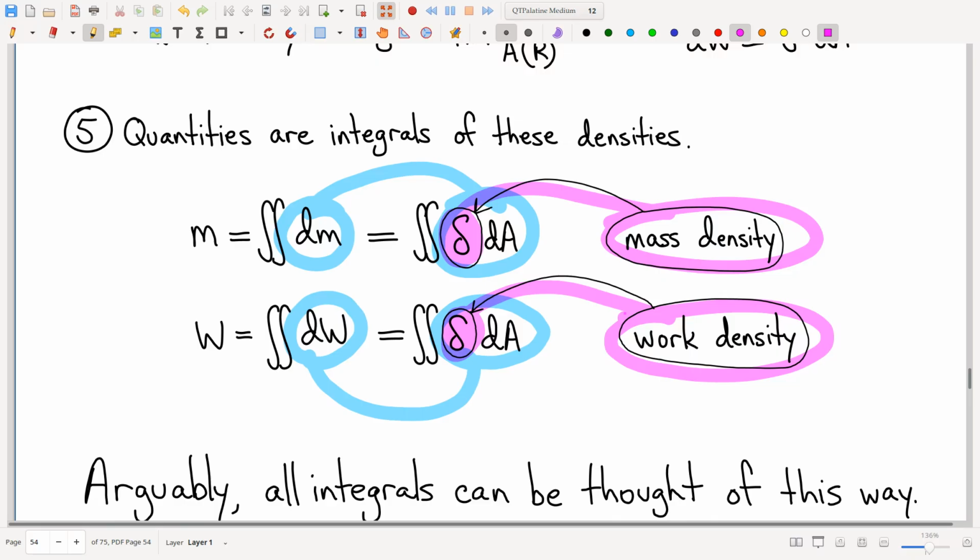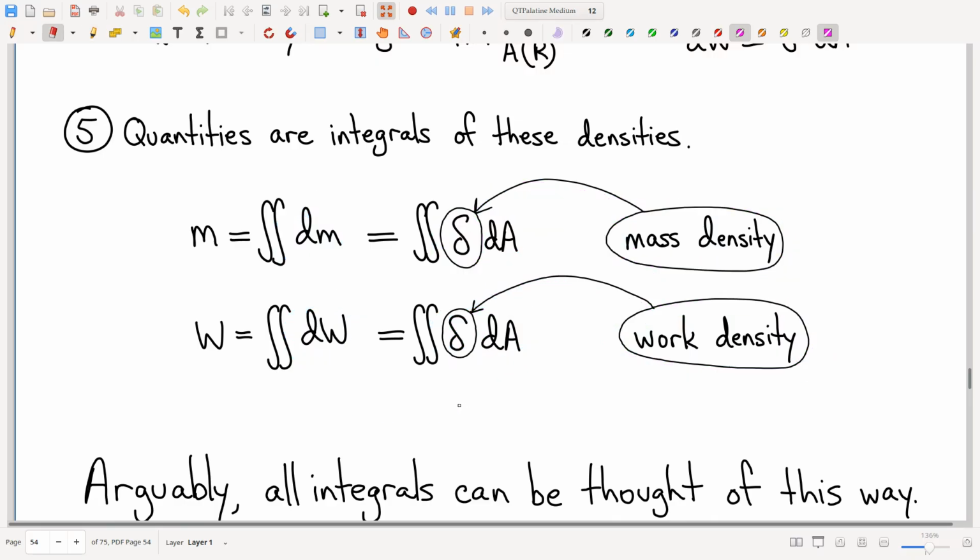Everybody happy? All right, so what we have here is a strategy for computation. We identify accumulating quantities. First, we identify quantities as being associated to areas. Then we recognize, fingers crossed, hopefully, that they're accumulating quantities. Once they're accumulating quantities, I know I can compute them with integrals, and the integrand is the associated density.